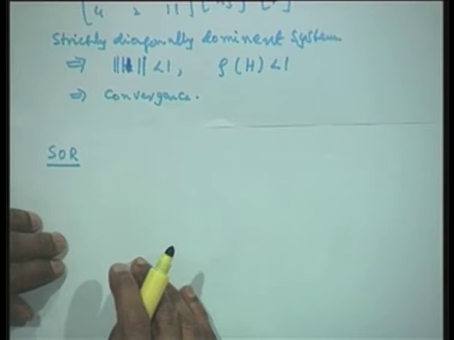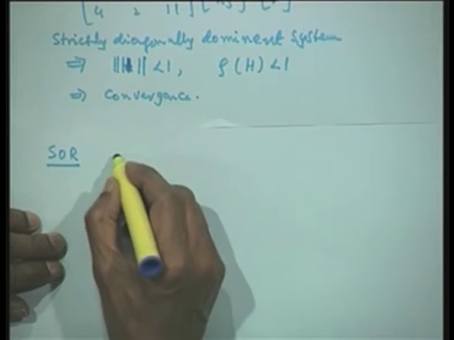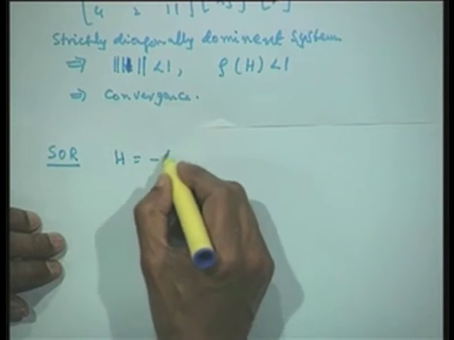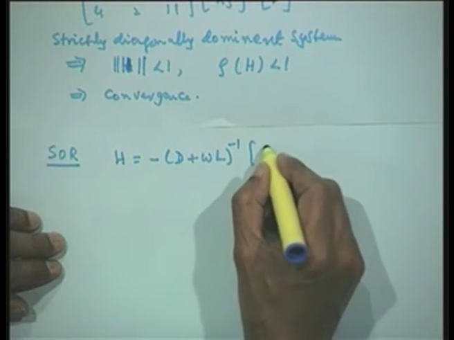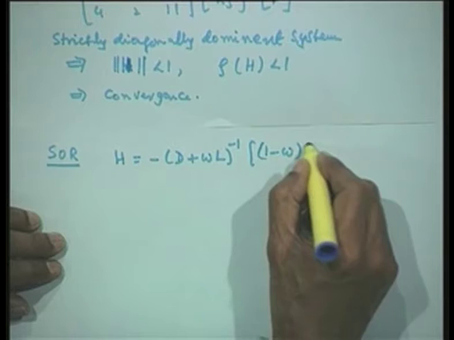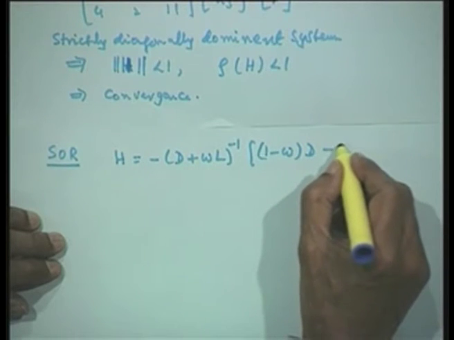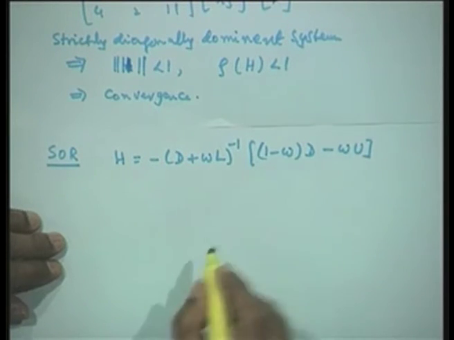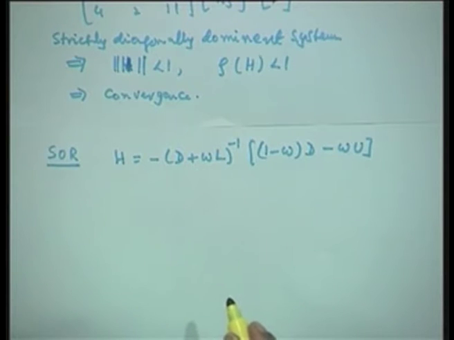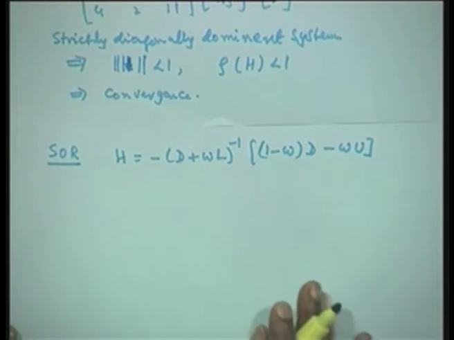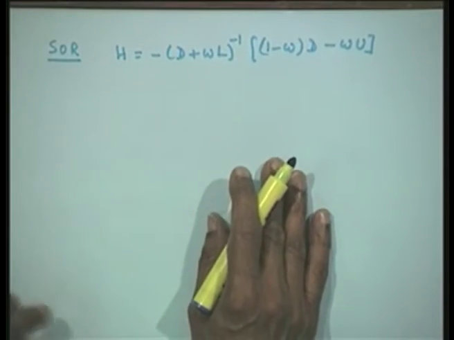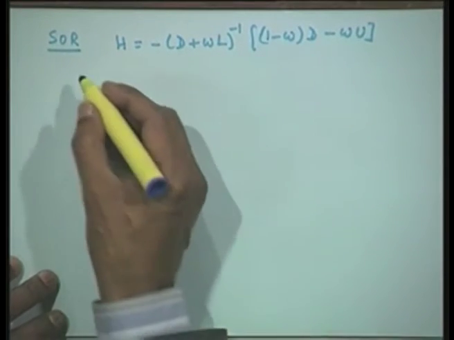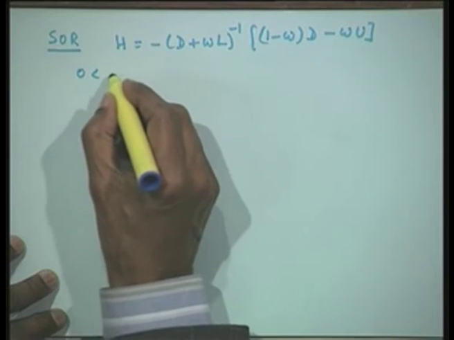Now, we mentioned that in the SOR the H was minus D plus omega L inverse, 1 minus omega into D minus omega U. We stated earlier that omega is the relaxation parameter and it lies between 0 and 2 in order that the SOR scheme converges.